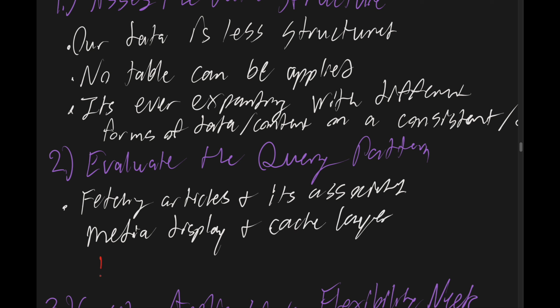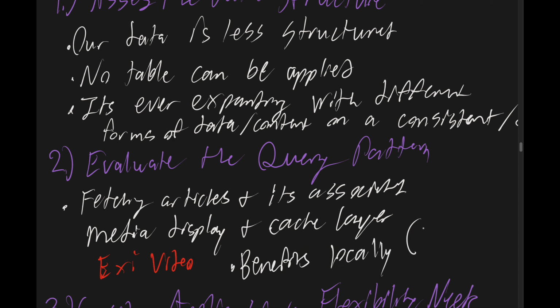Like, for instance, video. That's a good one. The document model's benefits, it's also beneficial locally. Like a YouTube video, for instance.